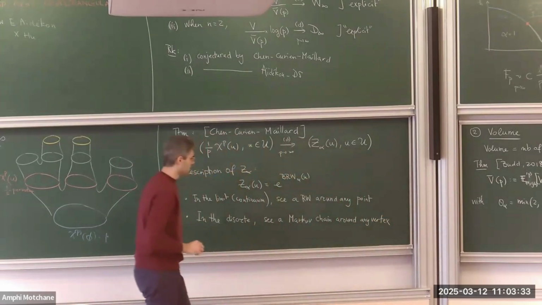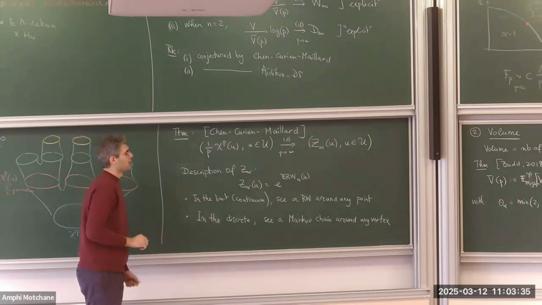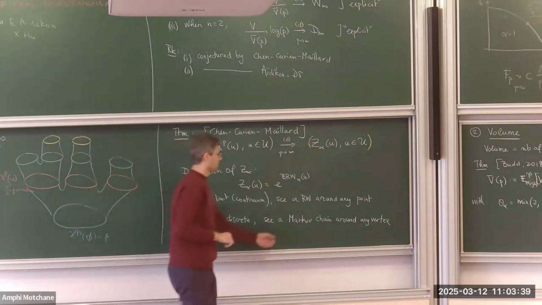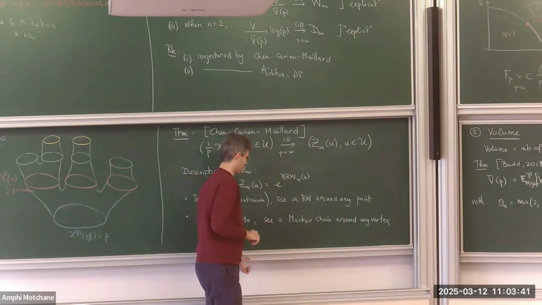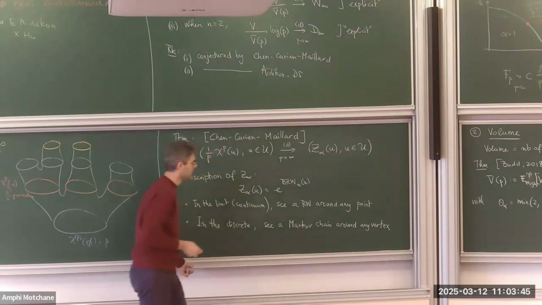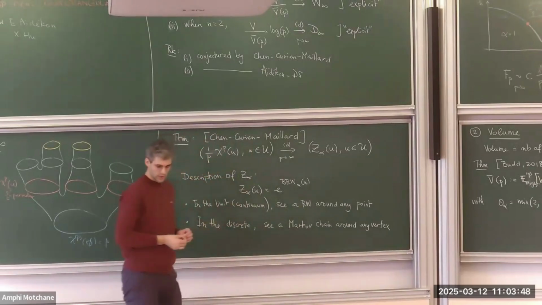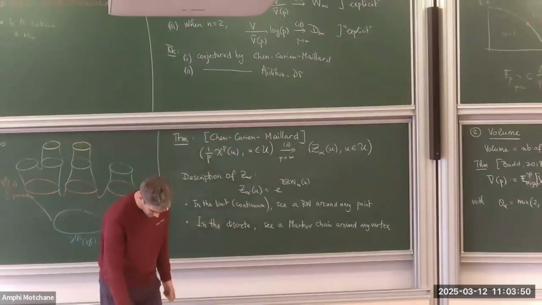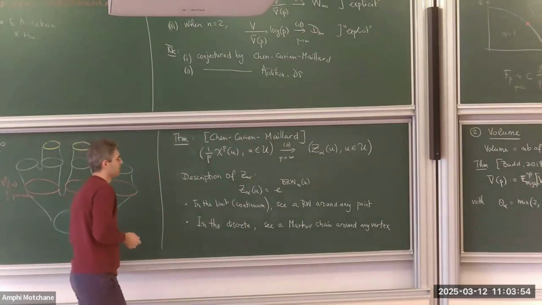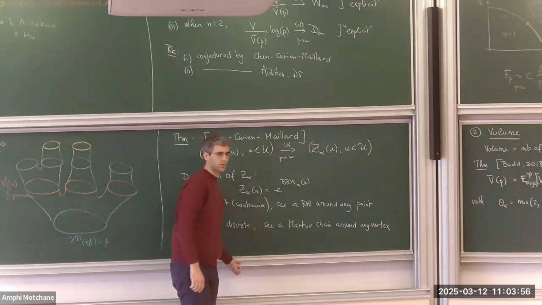So if I'm sitting somewhere on my planar map, I'm looking at all the loops that are surrounding me. What I see is a Markov chain. And in the limit, if I do the same, I'm going to observe this random walk with some specific distribution. And somehow to understand how the volume behaves, you need to understand how this branching random walk behaves.